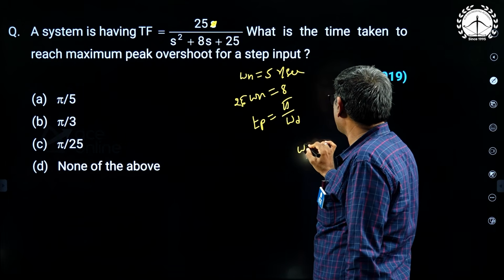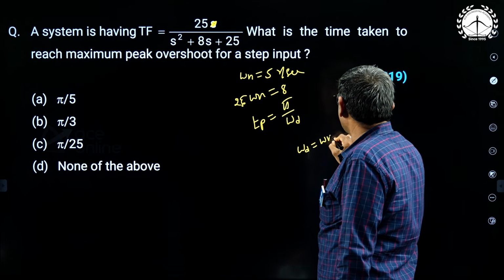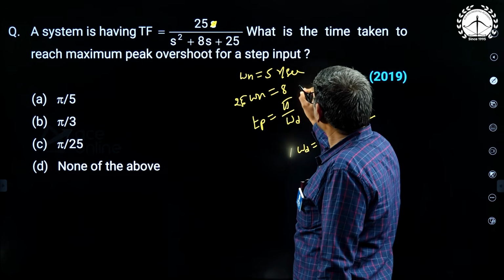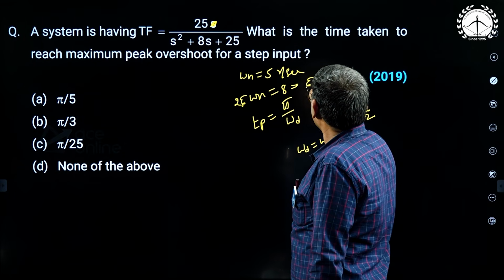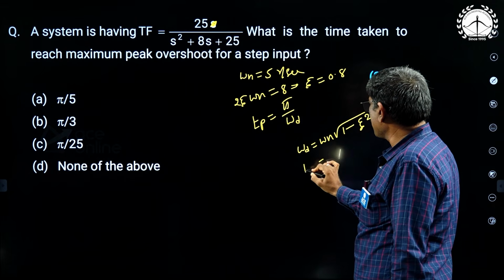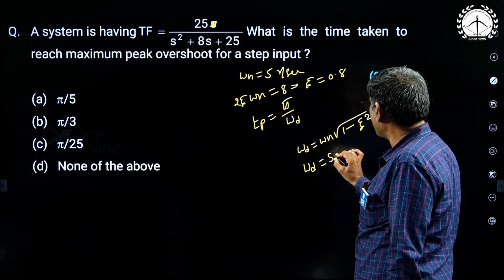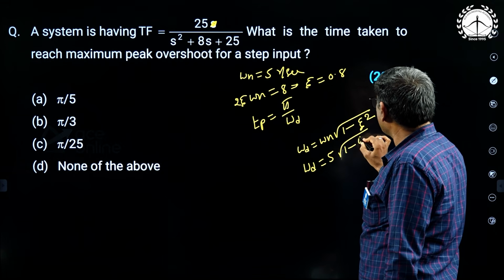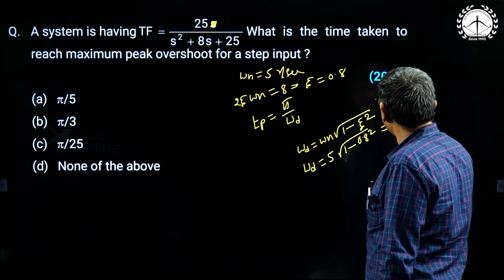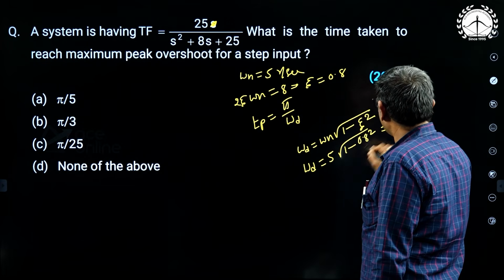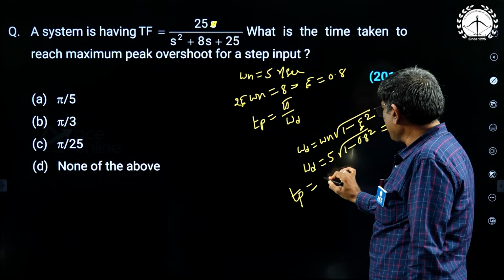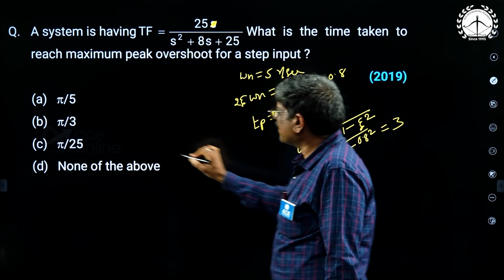Omega d equals omega n into root of 1 minus zeta square. Zeta equals 0.8, so omega d equals 5 into root of 1 minus 0.8 whole square. You solve it and you will get 3. That means TP equals pi by 3. Answer is B.